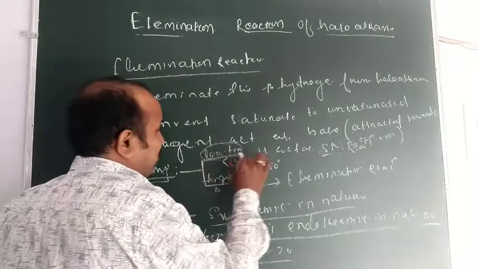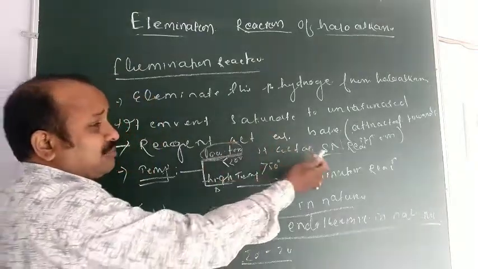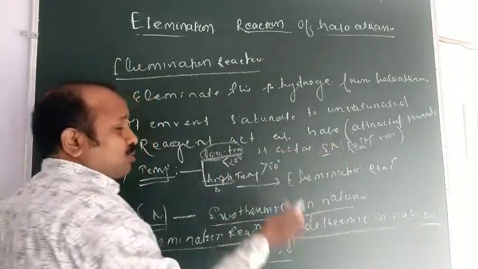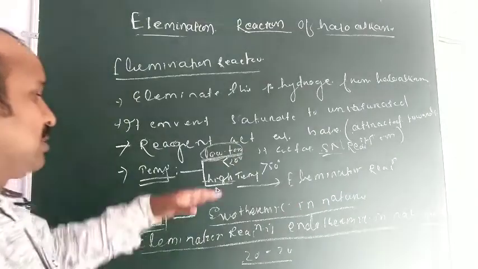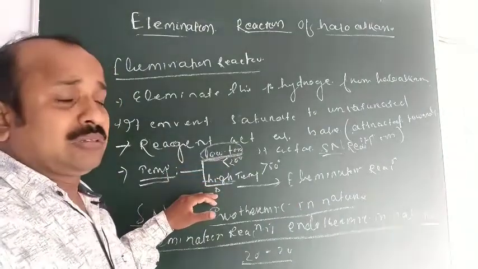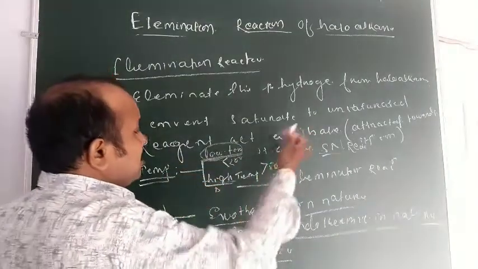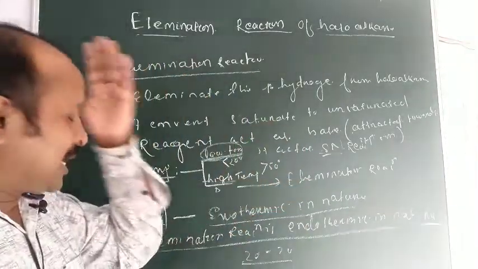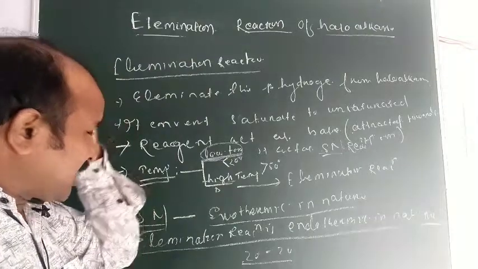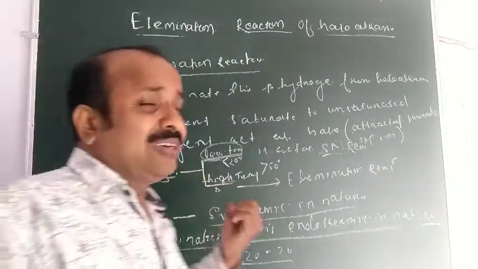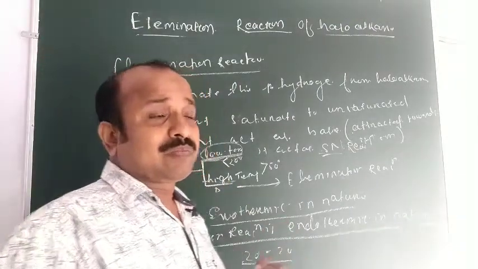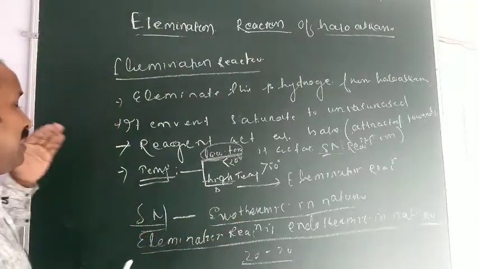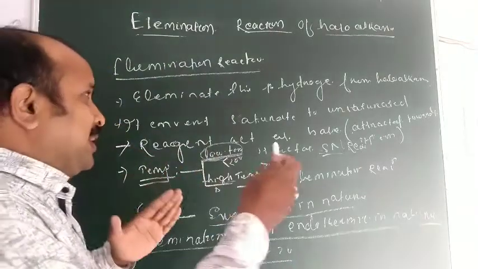At low temperature, the major part is nucleophilic substitution. At a high temperature, greater than 50 or 60 degrees Celsius, it acts as elimination reaction, attracting the beta hydrogens. Clear?